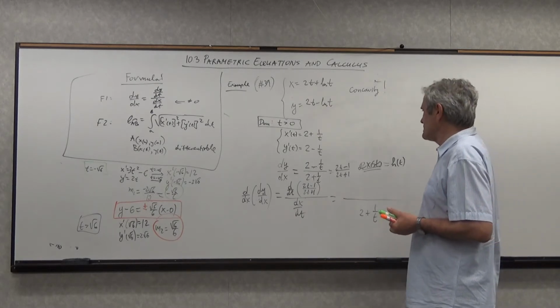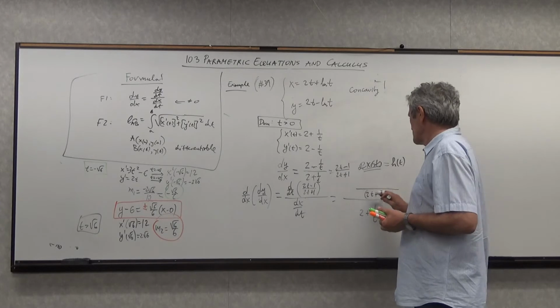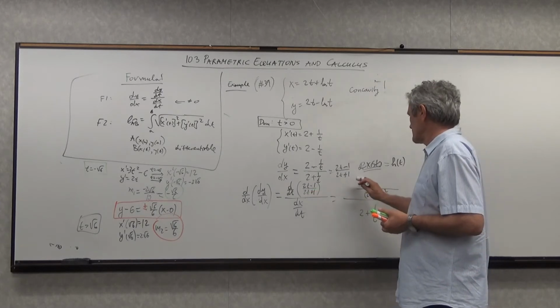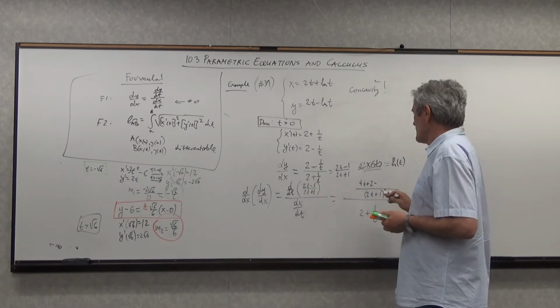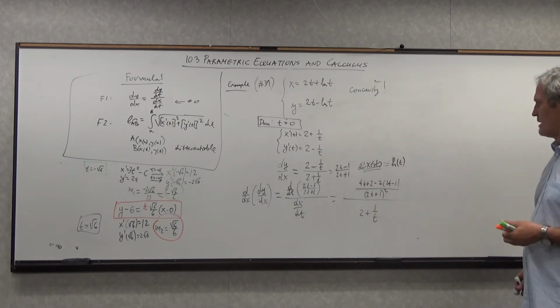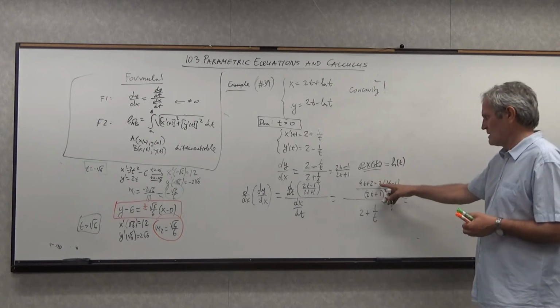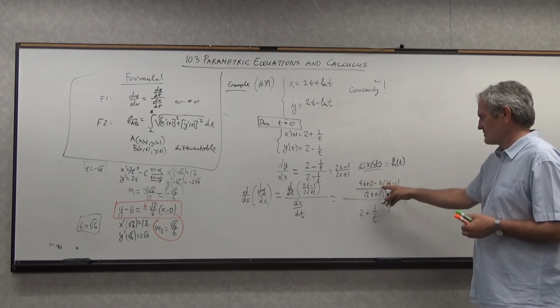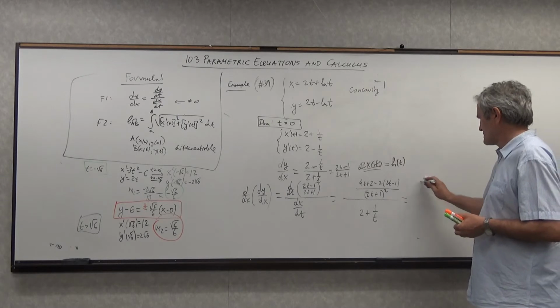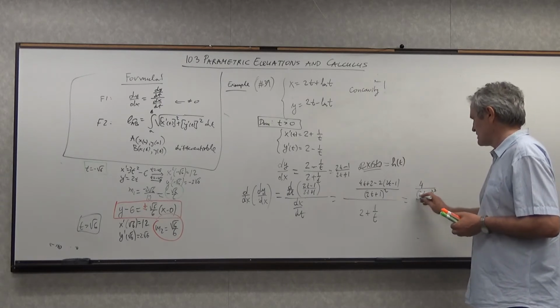So what would that be? On that quotient we get 2t plus 1 squared. The derivative here is 1, so we get 4t plus 2 minus 2 times 2t minus 1. So what would that give us? When we distribute here, 4t and 4t cancel each other out. So we get 4 over 2t plus 1 squared.